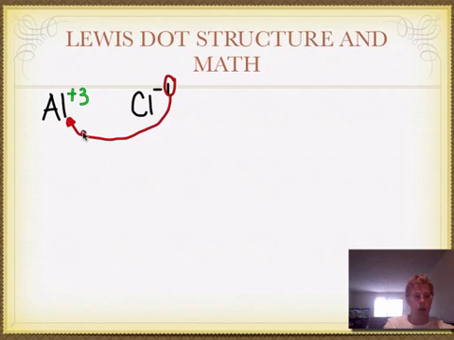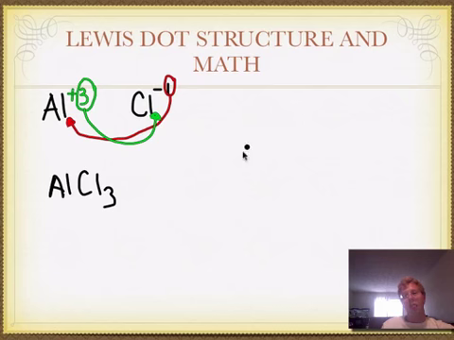Okay. And what that says is that we're going to need one atom of aluminum. If we then take the charge from aluminum and put that down by chlorine, that says that we need 3 atoms of chlorine.